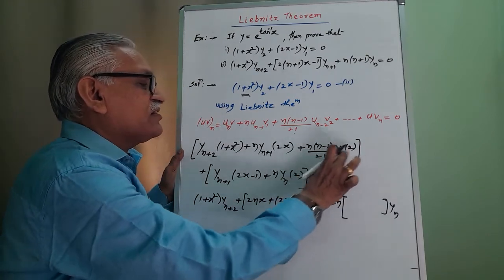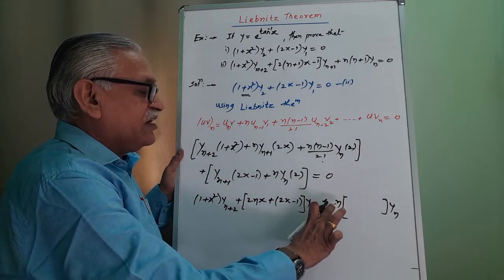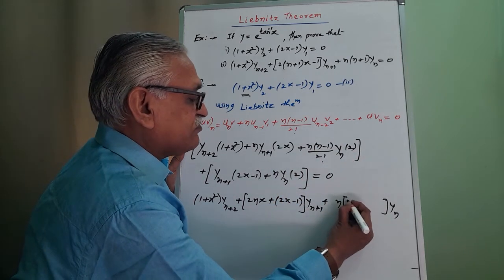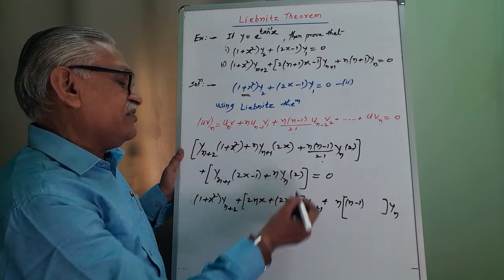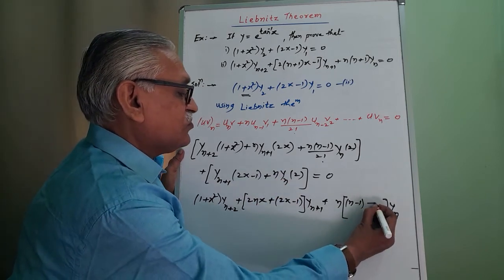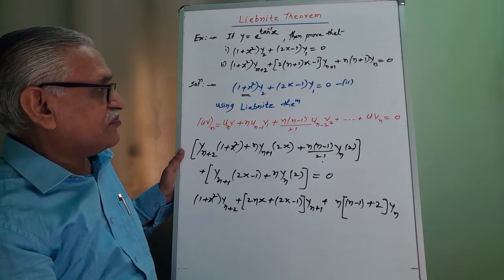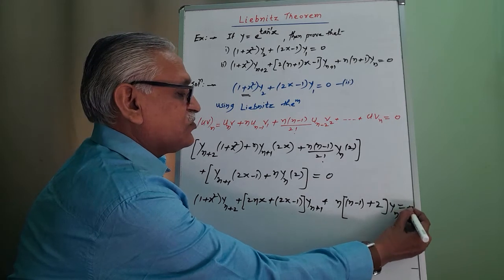We can cancel the 2 and 2 factorial, we get only n. Remaining is n minus 1, and here it is 2. And that is equal to 0.